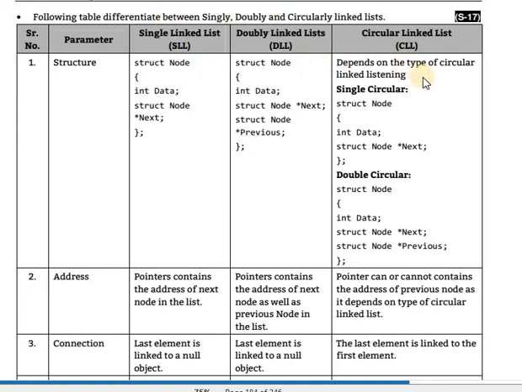The first parameter is structure, meaning the structure of that list. These are the syntax for how to create or add a node in the list: this is SLL, this is doubly, and this is CLL for the singly circular and the doubly circular. These codes were explained in lecture 1.